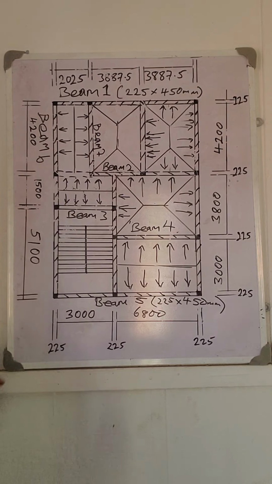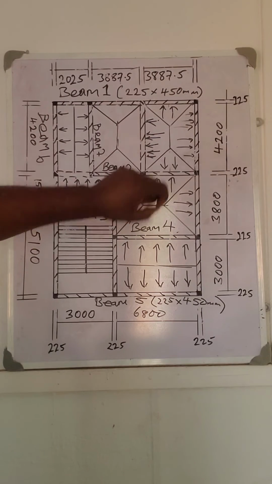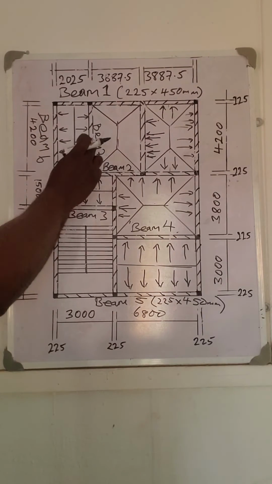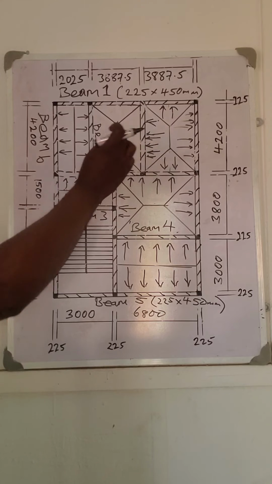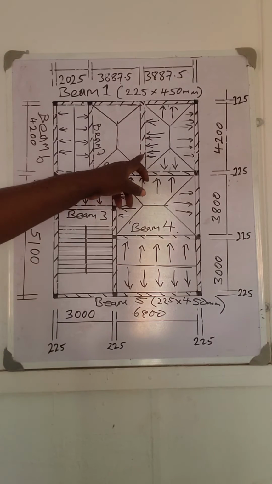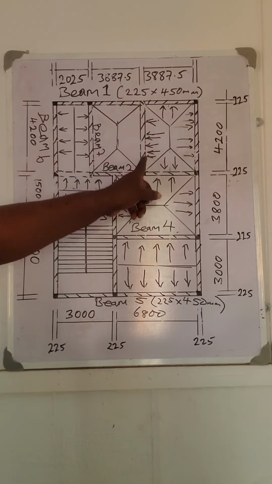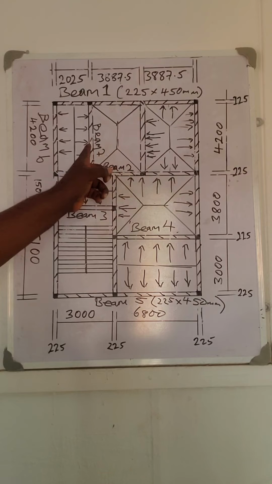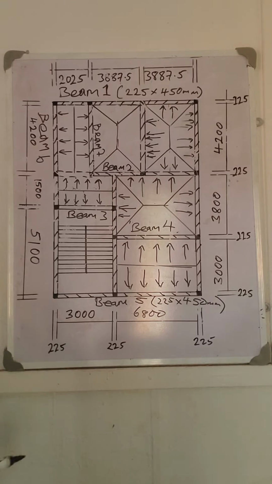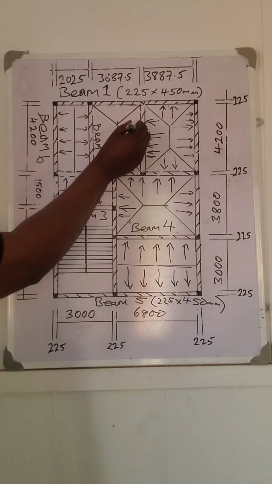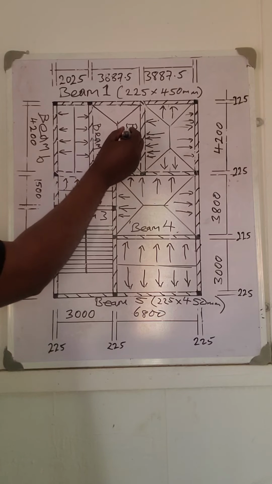Call this one beam 8. Now, this beam and this beam are similar beams, just that the loading on this one is more than the loading on this one. So I can design this beam to cater for the other. I can equally call it beam 8.